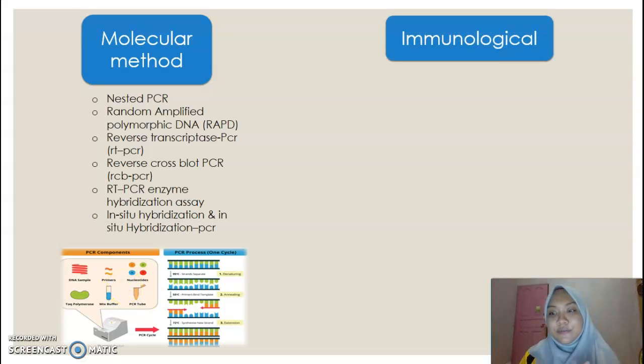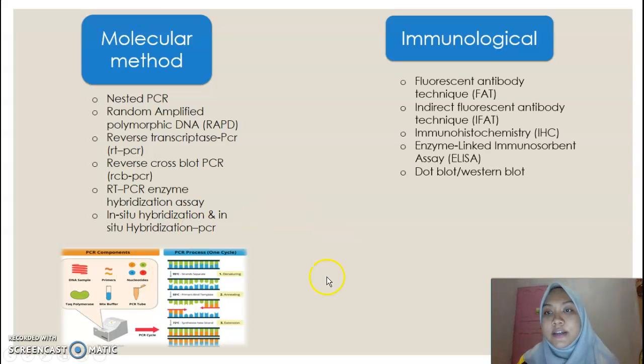Okay, the next technique is immunological technique, which uses an antigen and antibody reaction to detect and identify a specific antigen and antibody associated with a disease organism. So these are examples of immunological methods that have been used in aquaculture, such as IFAT, IHC, ELISA, dot blot, and Western blot.